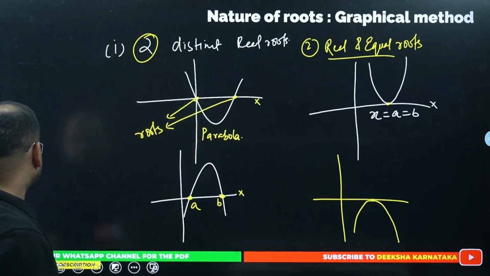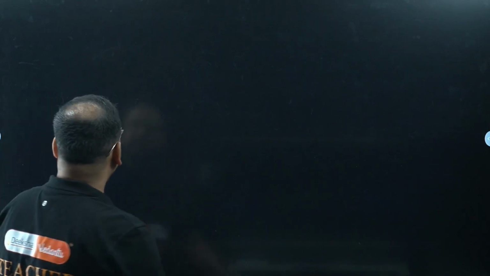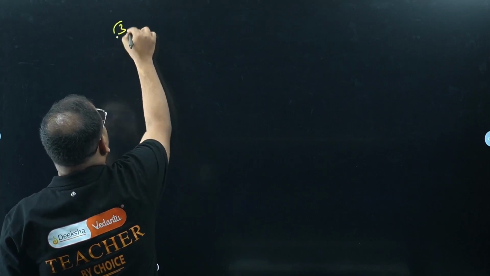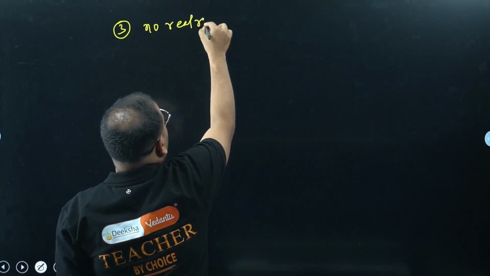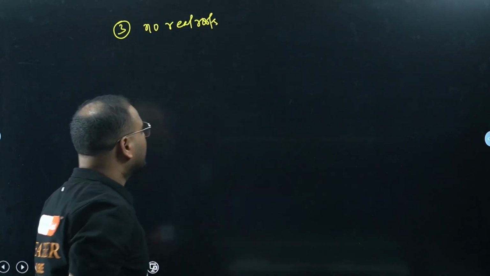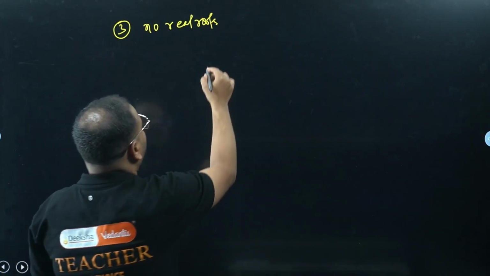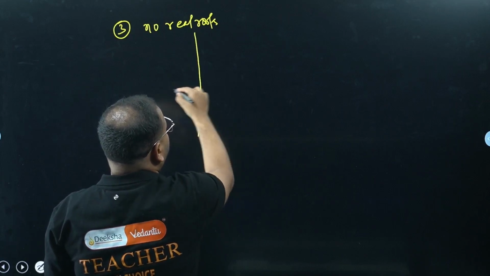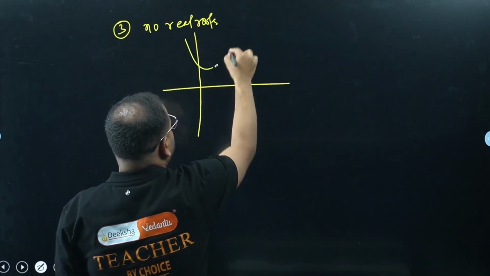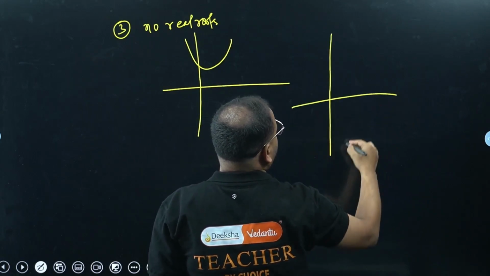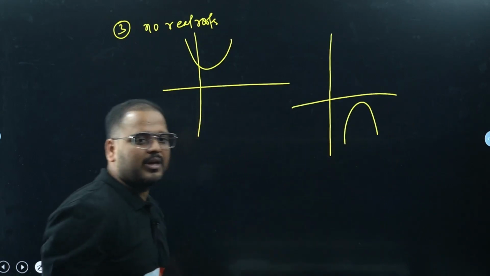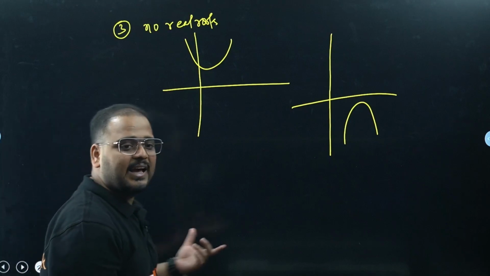Case 3, let's quickly do it. Case 3 is no real roots. In this case, the graph will look like this, or it might look like this, or any place. The point is it should not touch the x-axis.